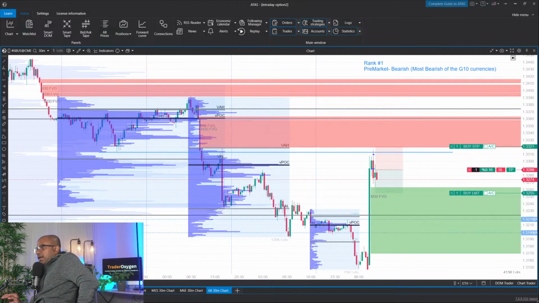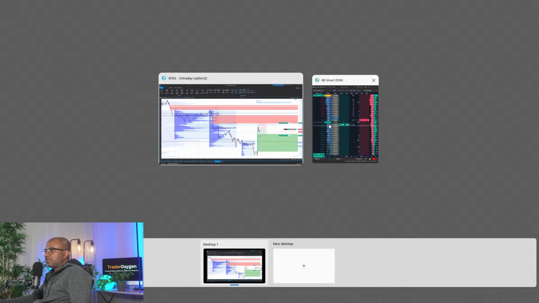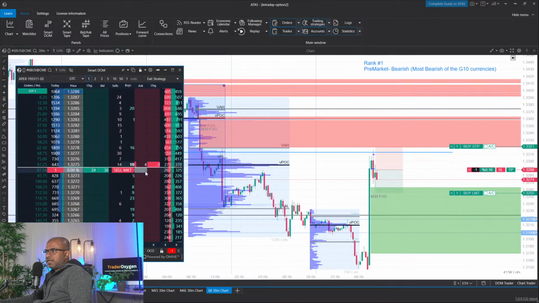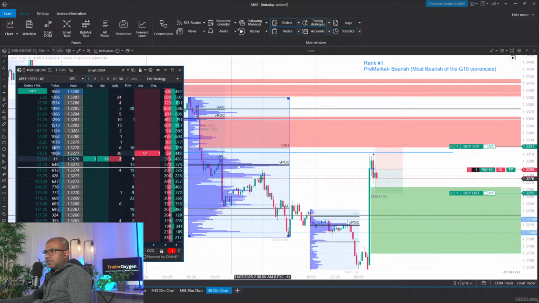You can see again the price is pushing down. If you want to see why it's pushing down, you can see sellers are pushing down. If you look at the smart DOM, you can see more sellers are hopping in, and you can see in this area sellers have been aggressive.